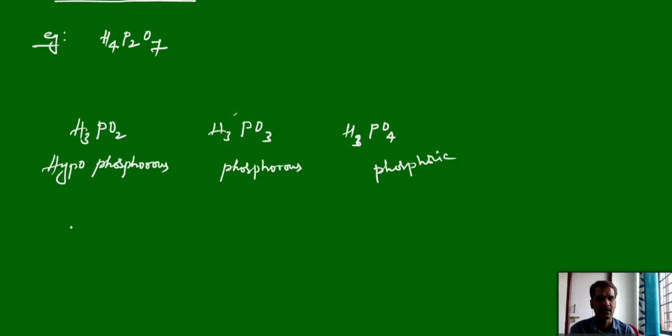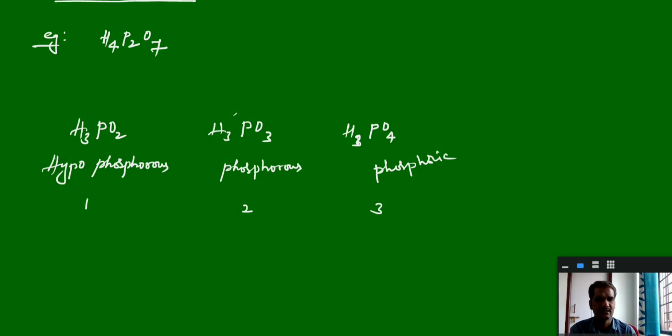Means how many protons it can replace, number of replaceable protons. It is a monobasic. So even though it has 3 hydrogens, it is a monobasic. It can replace only 1 proton, and H3PO3 it can replace 2 protons, and H3PO4 it can replace 3 protons.